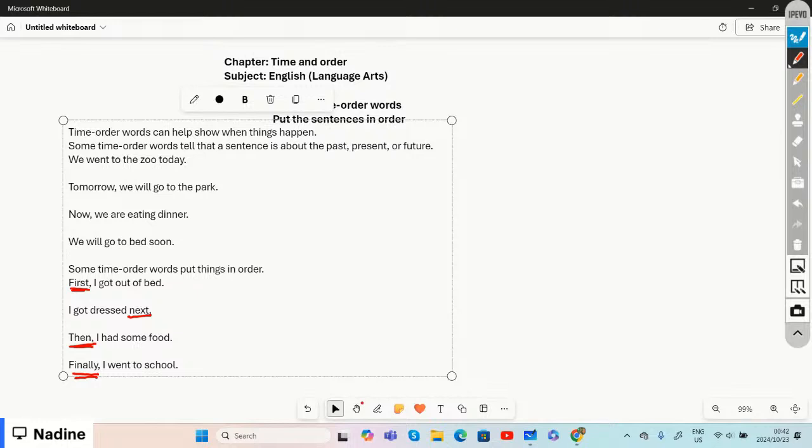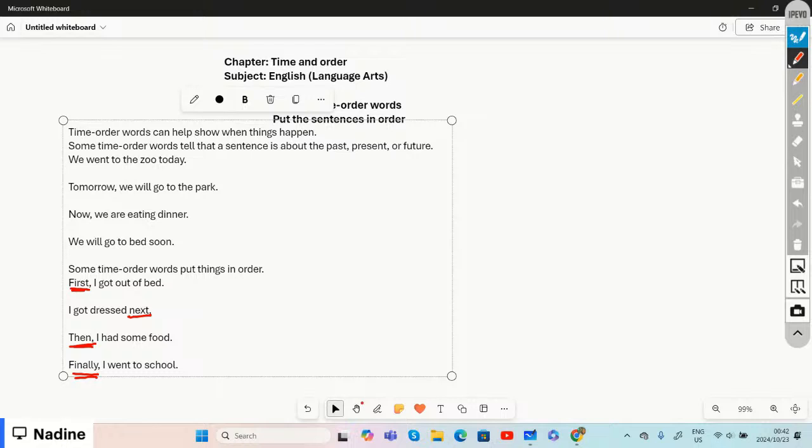I wouldn't really say it is the main part, but time and order just tells us when something happens and at what time. Not necessarily like 1 o'clock, 2 o'clock. It just tells us if it's happening now, in the past, in the future, today, yesterday, tomorrow.